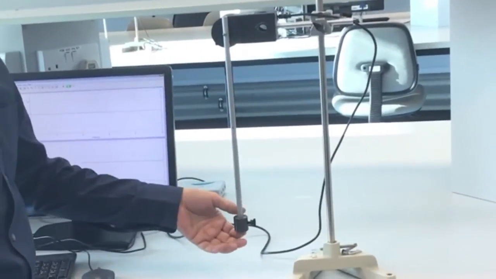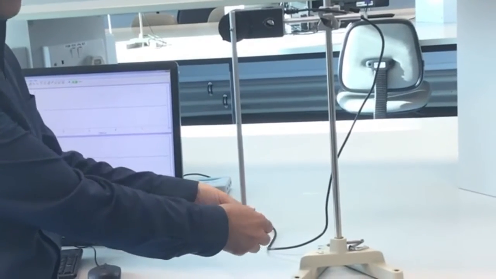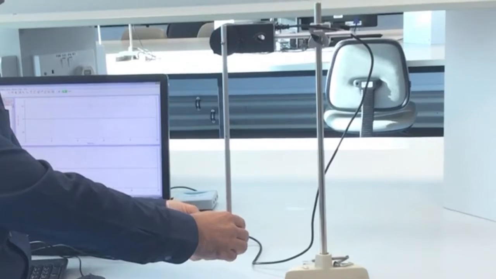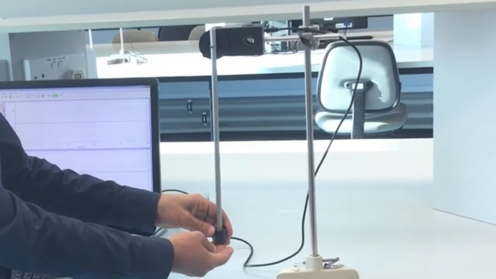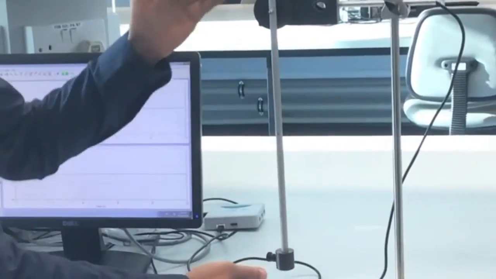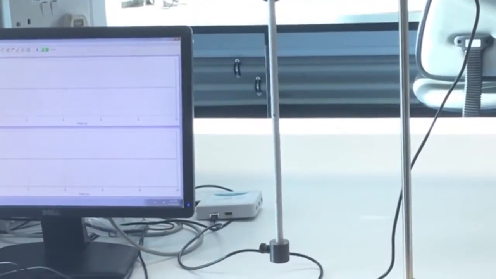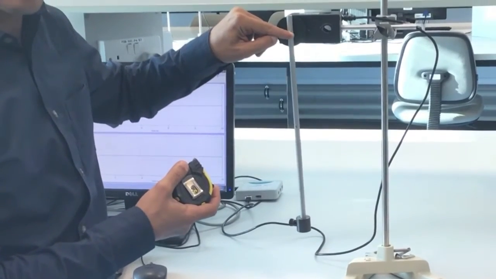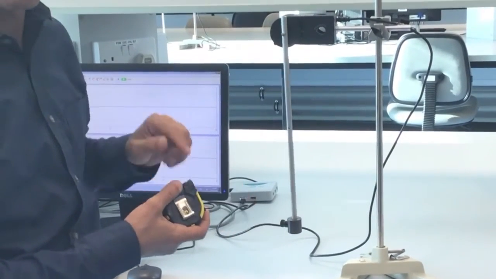Now, first of all, you have to set the length of the simple pendulum to a given value. Let's say that I'm using the maximum length of the rod as the length of my pendulum. So I have to measure the distance from the axis of rotation to the center of mass.